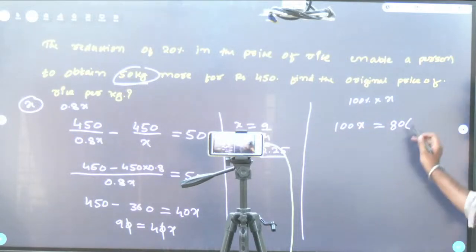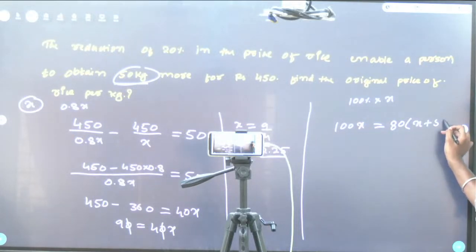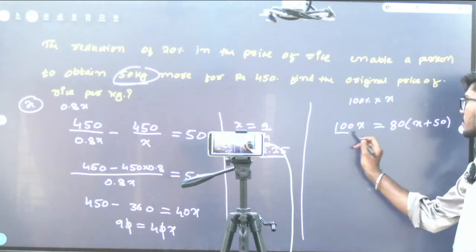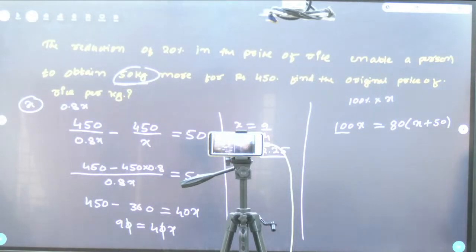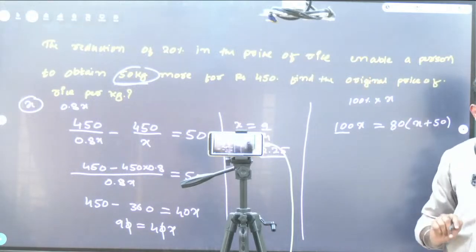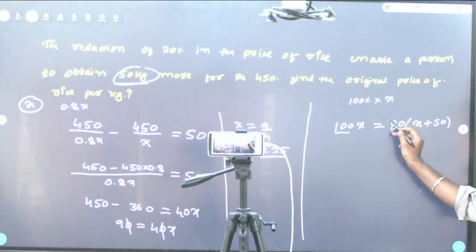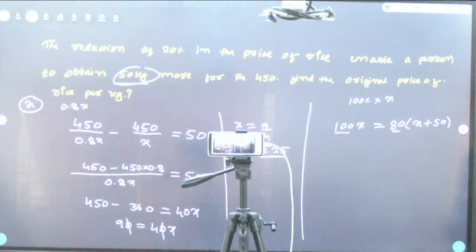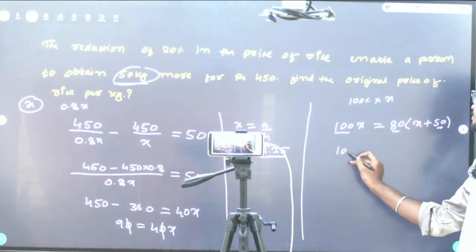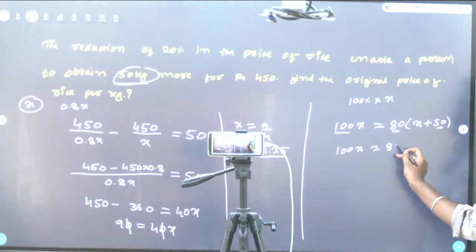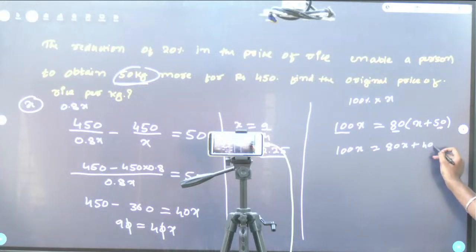So next time it will be x plus 50. When paying 100 rupees, he gets x kg. Multiply for total amount: 100x equals 80 times x plus 50, that is 80x plus 4000.